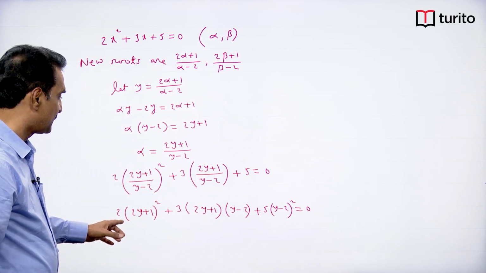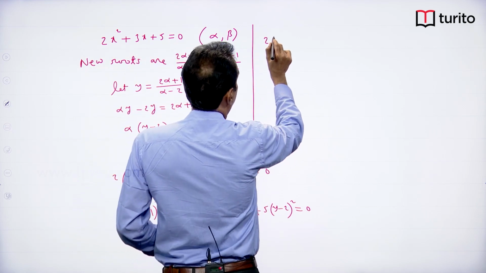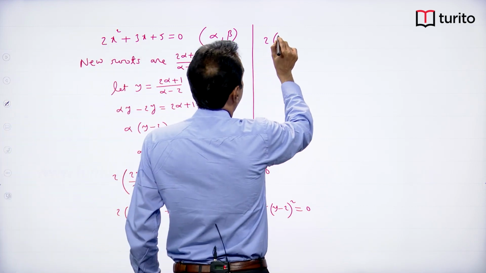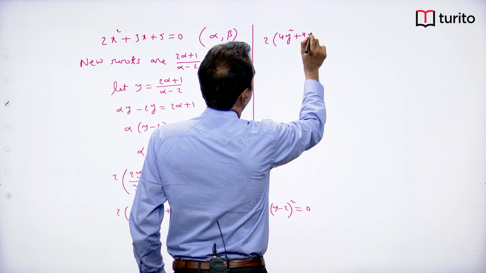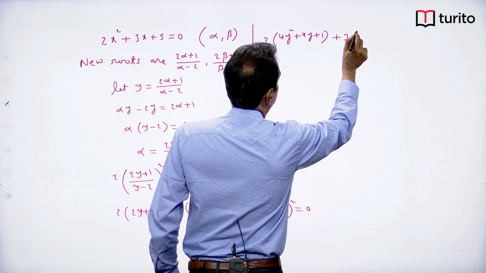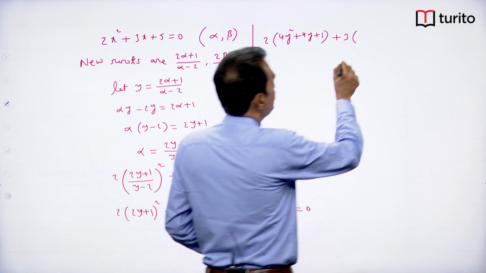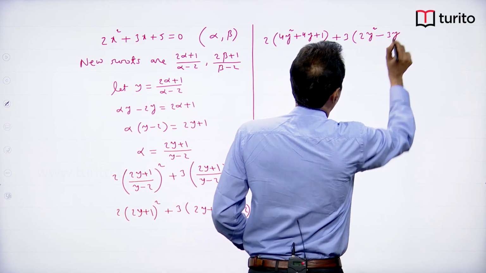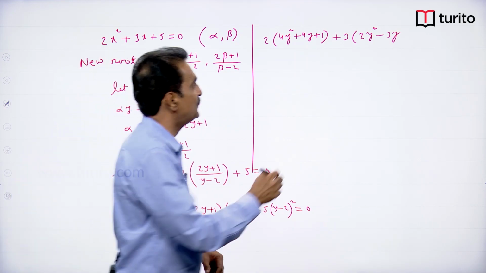Simplify further. 2 into 2y plus 1 whole square is 4y square plus 4y plus 1, plus 3 into multiplying these two, 2y square minus 3y minus 4y plus y minus 3y minus 2.